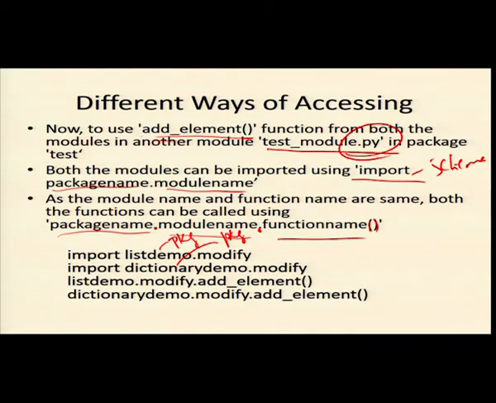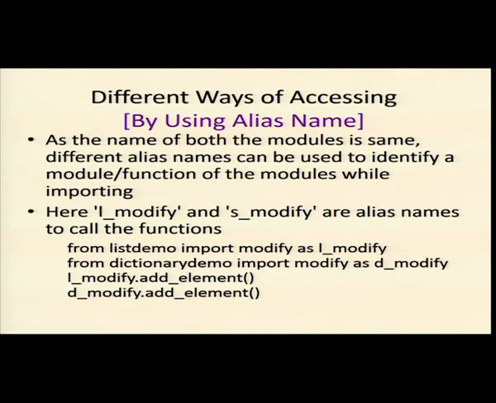In both cases, we have the same module names. This is a module name, this is a module name. List demo dot modify dot add element is a function name. Dictionary demo dot modify dot add element is a function name.